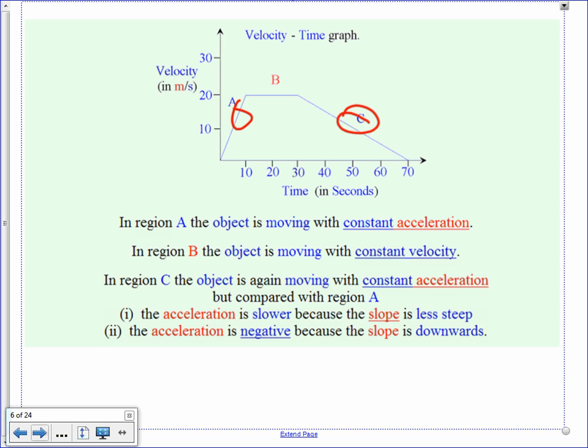Two things. This is a negative slope, this is a positive slope. This is steep, this is relatively shallow. So the acceleration is slower because the slope is less steep. And we can tell that acceleration is negative because the slope is negative or downwards, you could say.